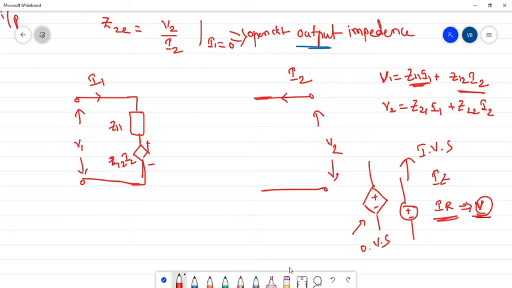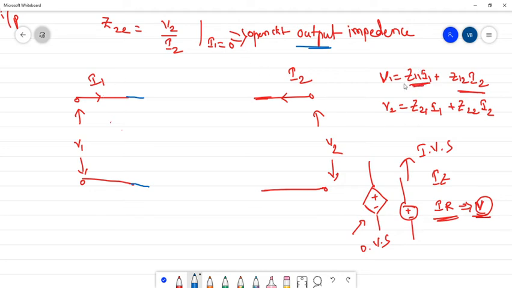Once again, I'll repeat this one. Up to here, the two ports have V1 I1 and V2 I2 respectively. So by the equation we should draw the network for this two-port network. The first parameter is Z11 I1. I1 is already the current passed into the first port, so we should replace only Z11.